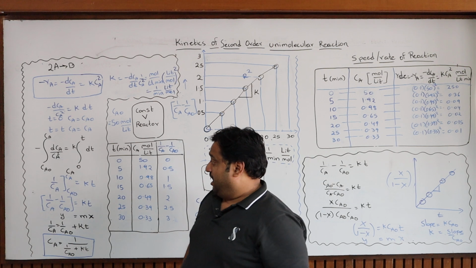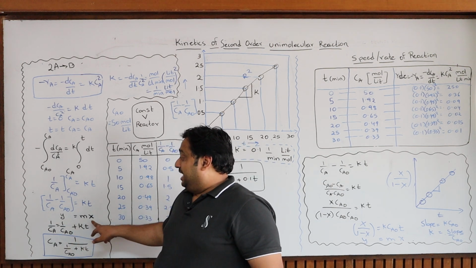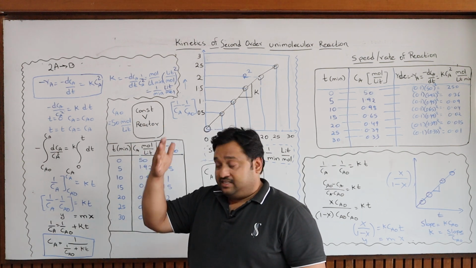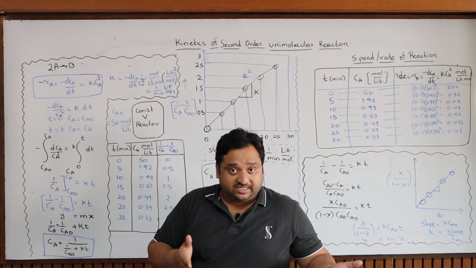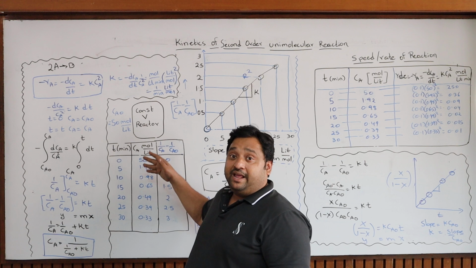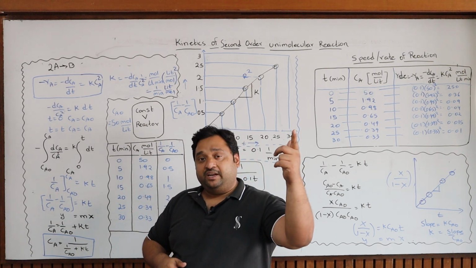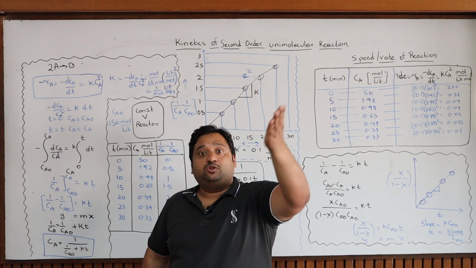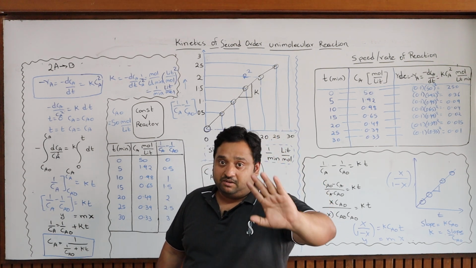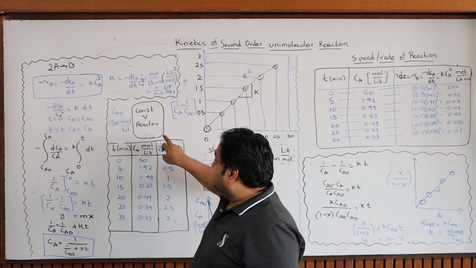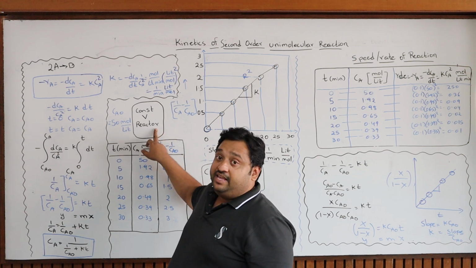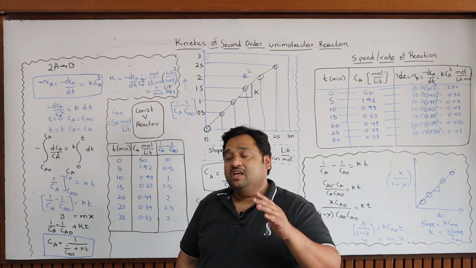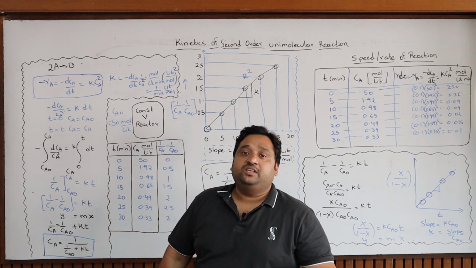To do that, I have to plot y and x, that is 1 by CA minus 1 by CA0 on the y axis, and time on the x axis. Then I plot my experimental data on that graph, and if the line passes through all the experimental points, that means the experiments I have conducted in the batch reactor are of a unimolecular second order reaction, otherwise the model I have assumed is wrong.